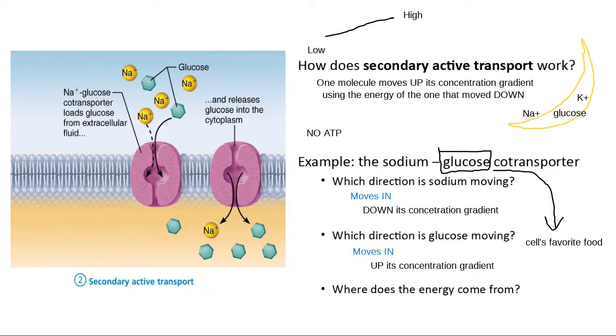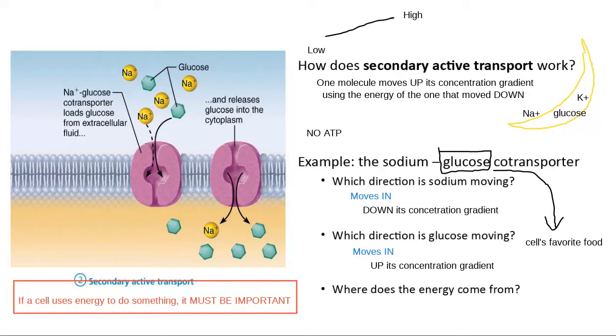Here's an underline highlight star idea about active transport, primary or secondary: if a cell uses energy to do something, it must be important. That's an underline highlight star idea.